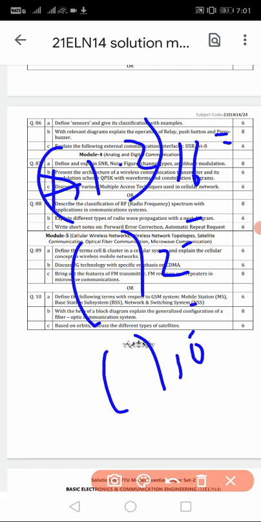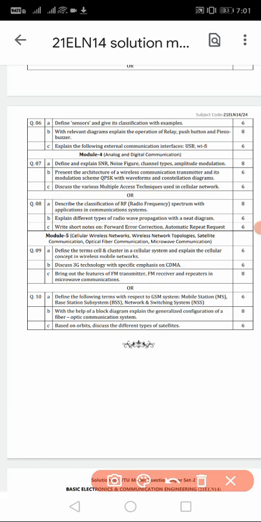Okay, so this number system example they have not given, probably they may give in the main examination. Okay, so this with respect to model set 1 and 2 is over.